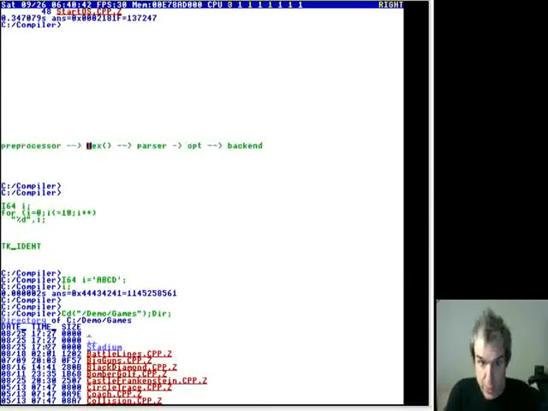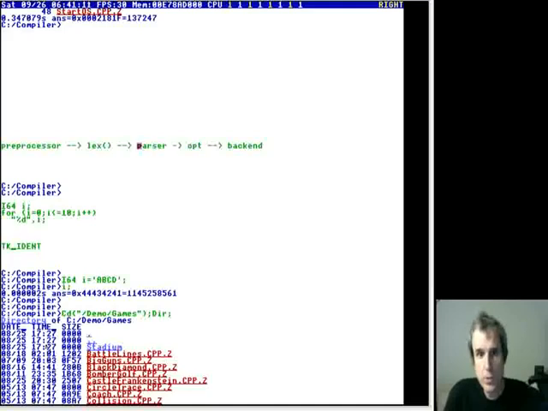lexical analyzer returns tokens. The parser starts putting together expressions. Parsing an expression with operator precedence is the hardest part of a compiler. If you take a compiler course, they'll talk about left recursive, LR parsing and stuff.